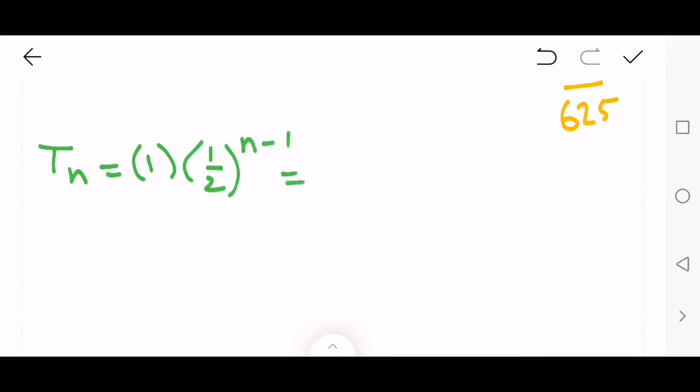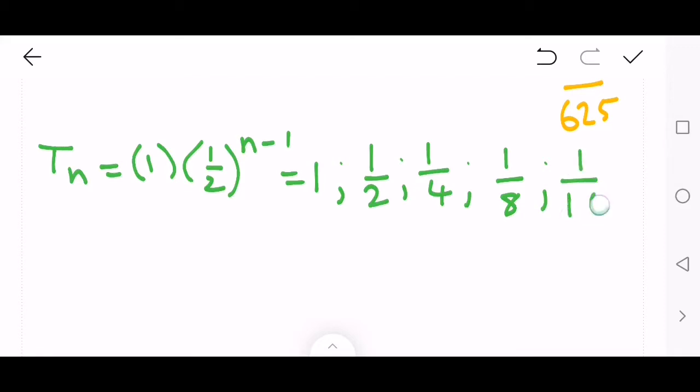So our first term is 1, the second term is 1 over 2, and the third term is 1 over 4. The fourth term is 1 over 8, and our fifth term is 1 over 16.